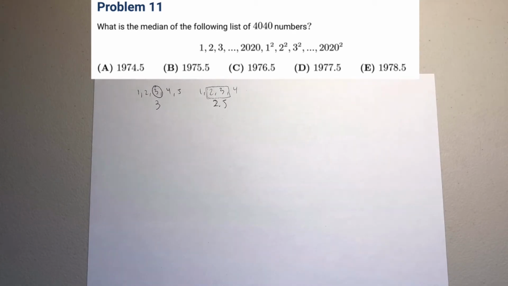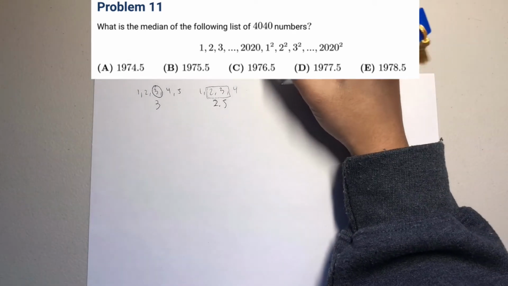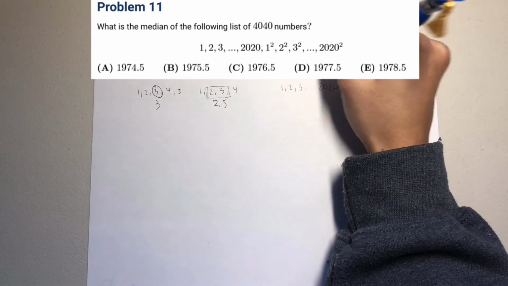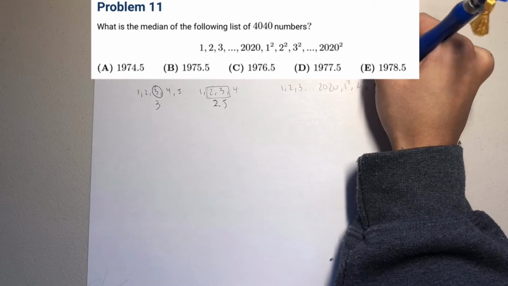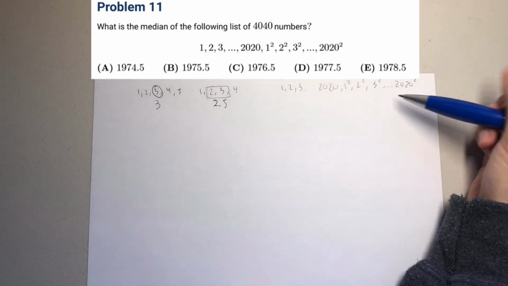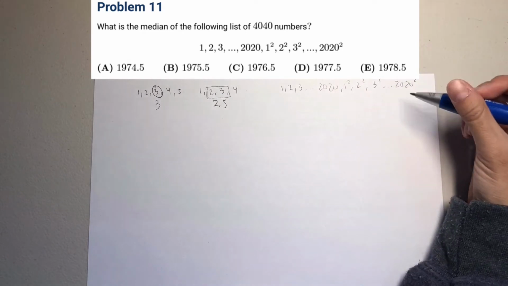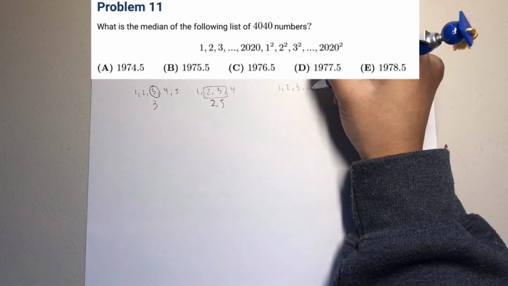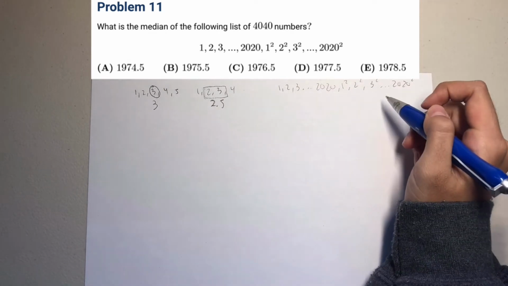Okay, so going back to the original problem, we have a list 1, 2, 3, all the way to 2020, and then 1 squared, 2 squared, 3 squared, all the way to 2020 squared. So obviously this is not put in order yet. So part of our job to understand and solve this problem is to put this list in order.